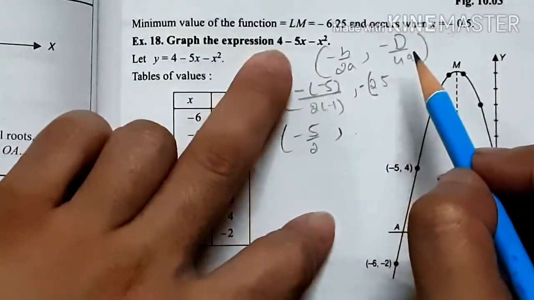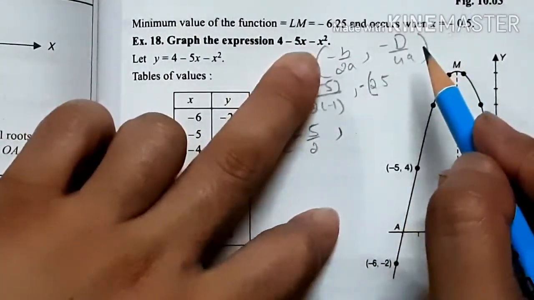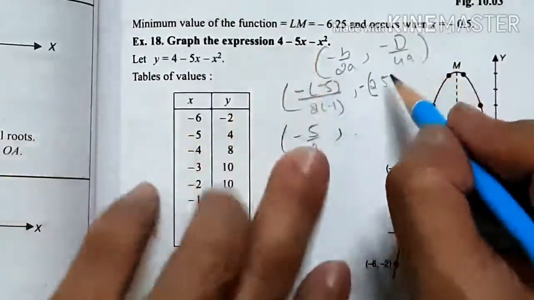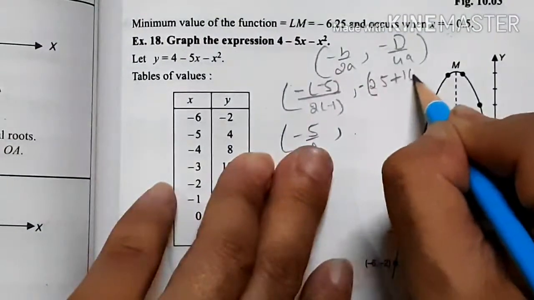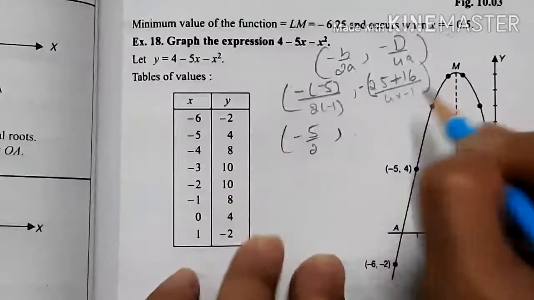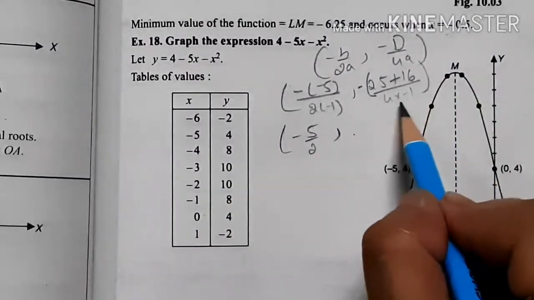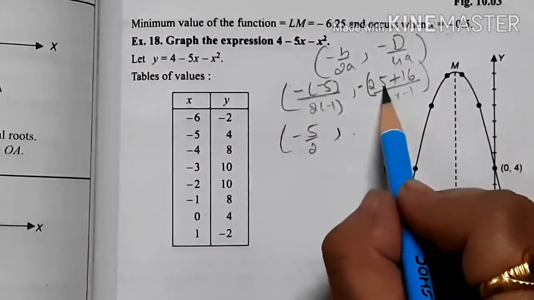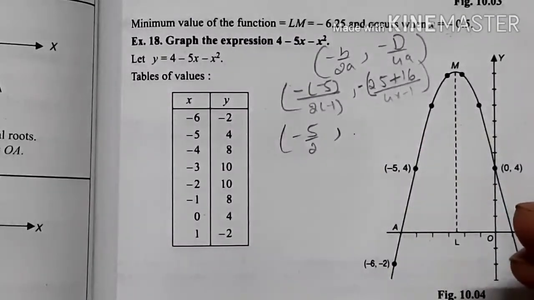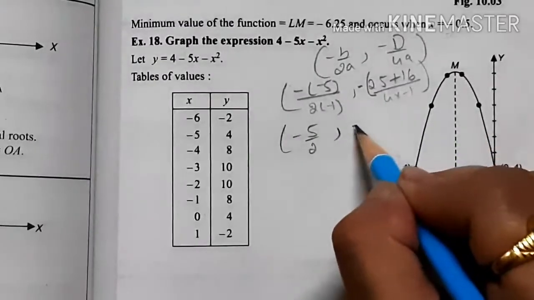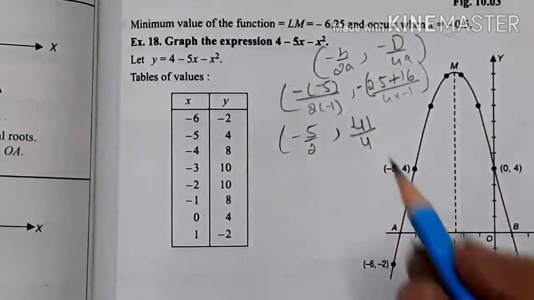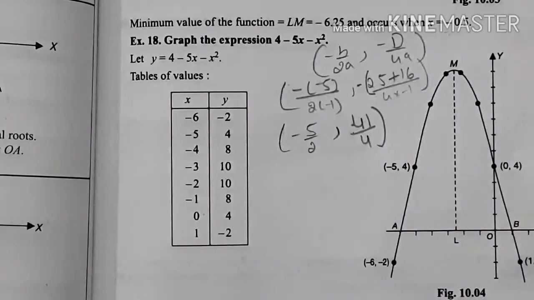The c value is 4, 4 fours are 16, and 16 into minus 1, minus is already there, so that is plus 16, and the a value is minus 1, so minus and minus 4 will be cancelled. 25 plus 16 gives me 41, and the minus will be cancelled, so 41 by 4. So that means this is my y value through the formula.